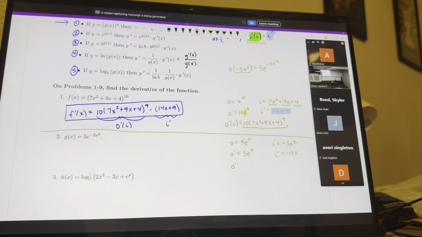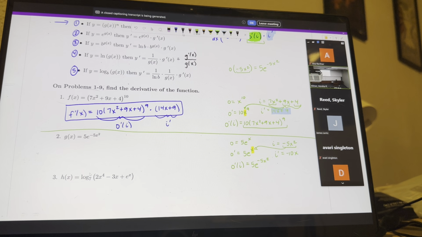So we need O prime of I. And so then we plug in the inner function for every occurrence of x. And so my O prime of I becomes 5e to the negative 5x squared, right? So I'm just plugging in my I for x. And so that's here, plugging in our I for x.